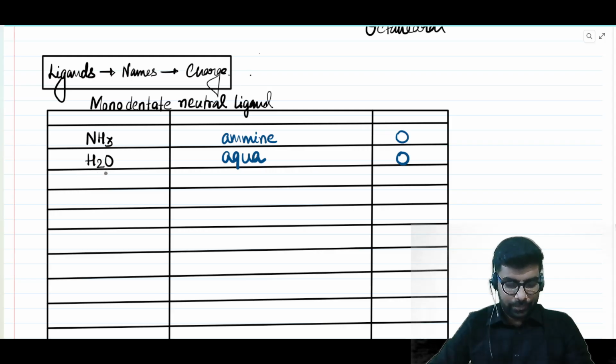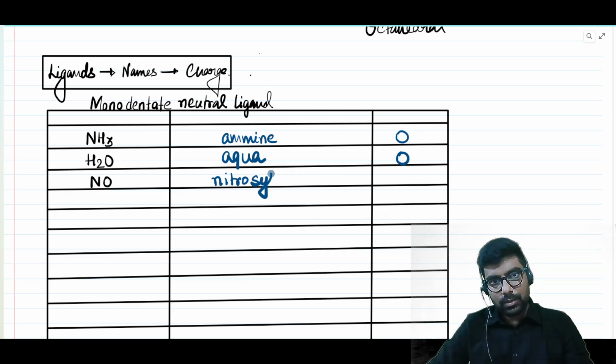The next ligand is NO. We call it nitrosyl. Again the charge is 0. The next ligand is CO, and we call it carbonyl. Again the charge is 0.